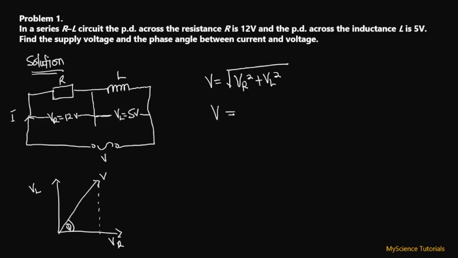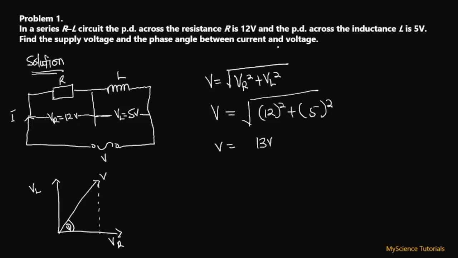So we know V is equal to the root of our VR, which is 12 volts, so we have 12 squared plus our VL, which is 5, so we have 5 squared. If we compute this in our calculator, we are going to get 13 volts as the answer for our supplied voltage.